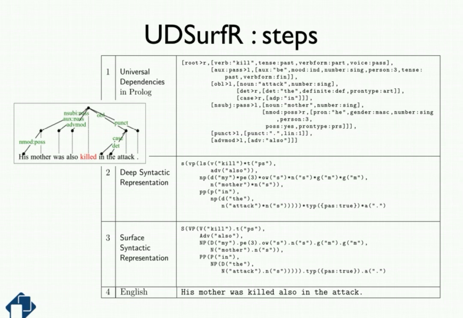And then the goal of the system, the hard part, is to go from the universal dependency to what I call the deep syntactic representation, which is closely related to GSRealB, but it's simpler to generate between this and this. And then finally, we use GSRealB just to create "his mother was killed also in the attack". Okay, so these will be the steps that we want to do. But the main step, the hard part, is going from 1 to 2.